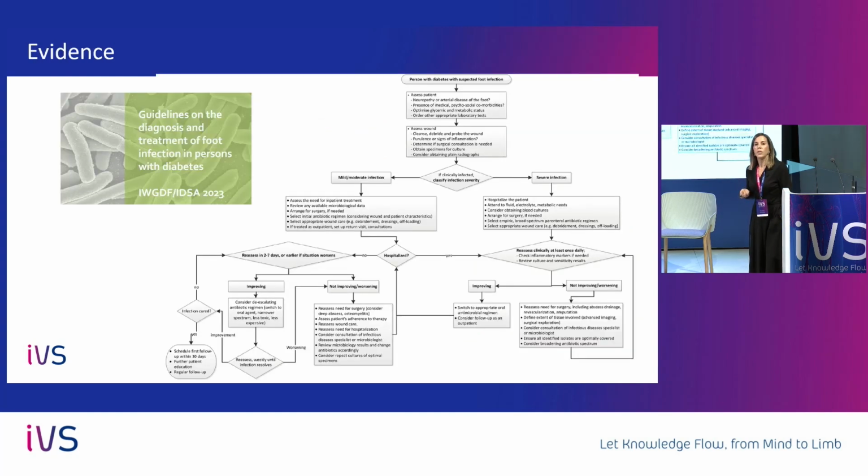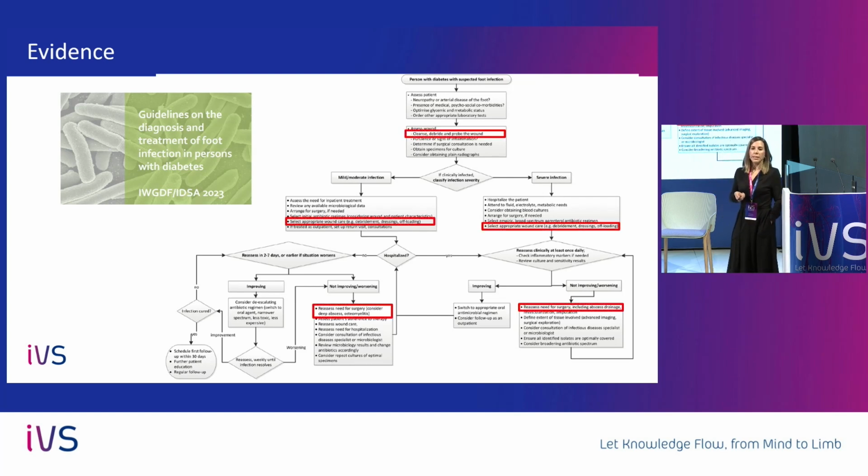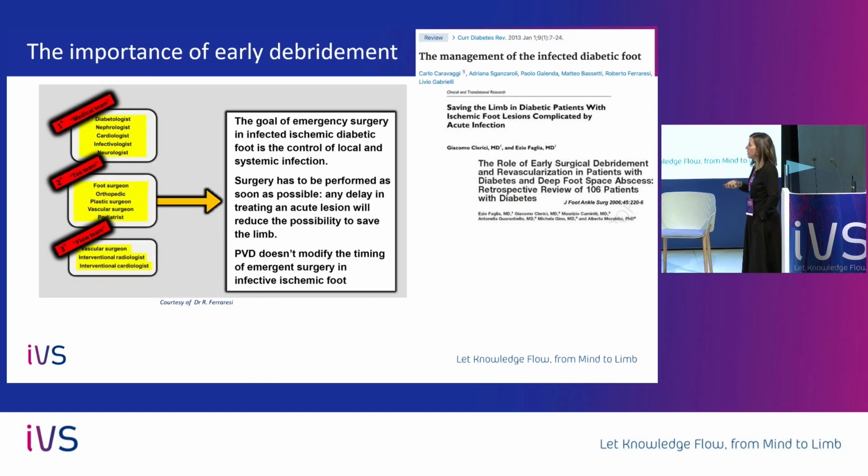If we focus on the latest version of the guidelines, we also realize that early action is very important in all the different scenarios, especially when there is an infection. They also highlight the close follow-up of the patient, because this is a chronic disease.